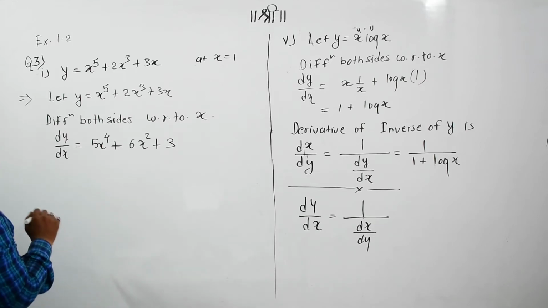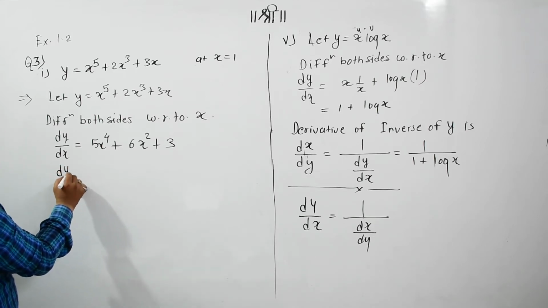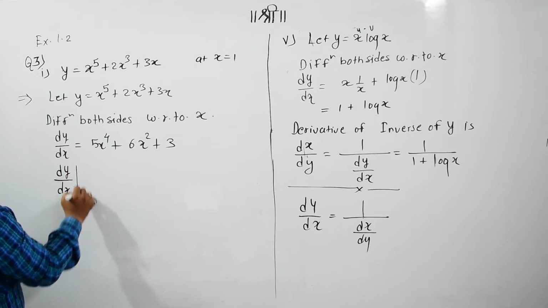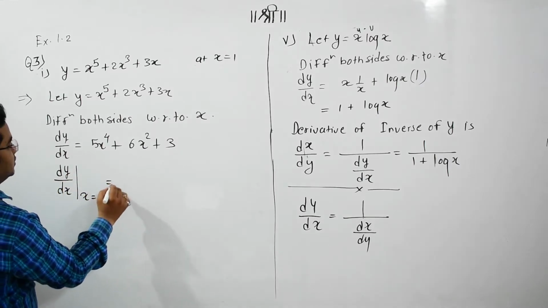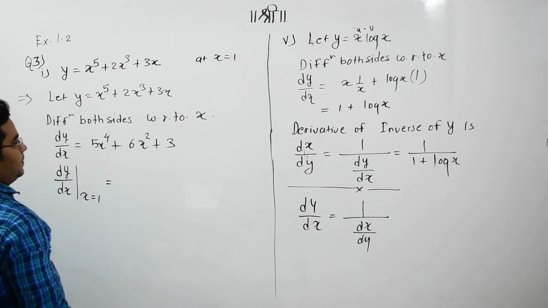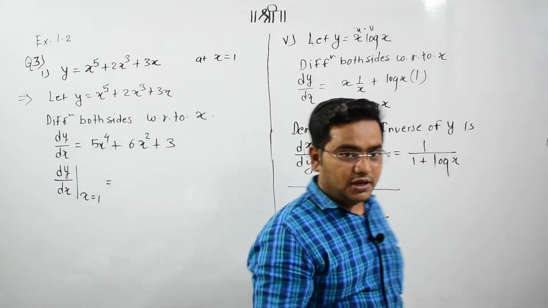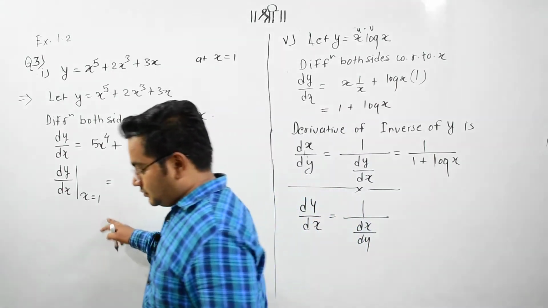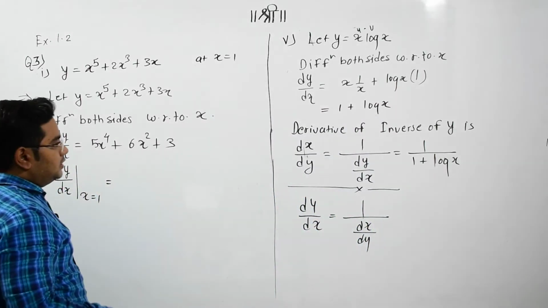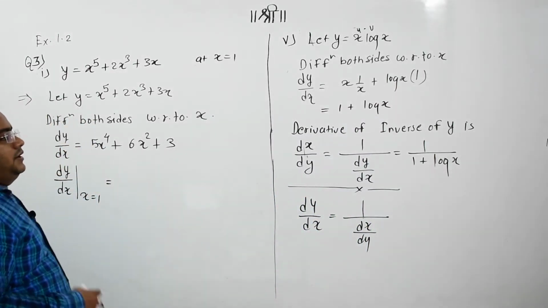Now again an important parameter: dy upon dx at x is equal to 1. What should be the answer of this? This is our required value.